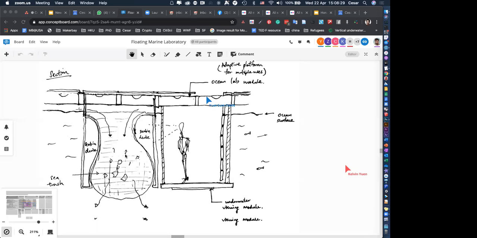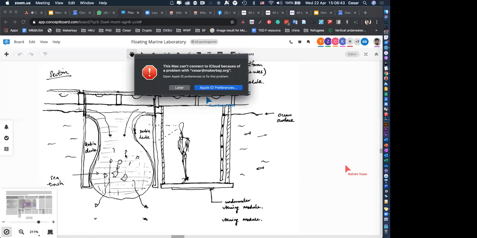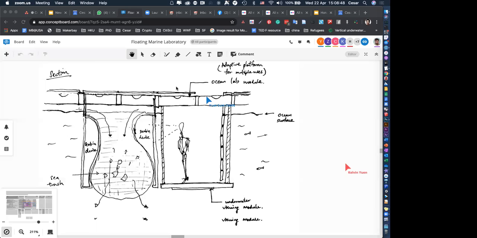Actually the pump is within the Sea Bin itself, like in the two blobs on the sides, there is a pump. It's already integrated, so you don't need the pump to be near or on the platform itself. It can be just integrated inside.